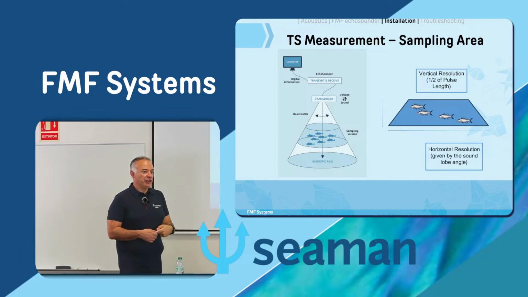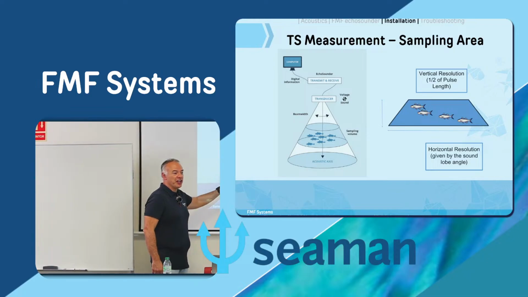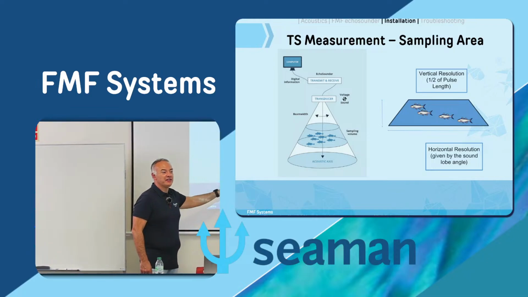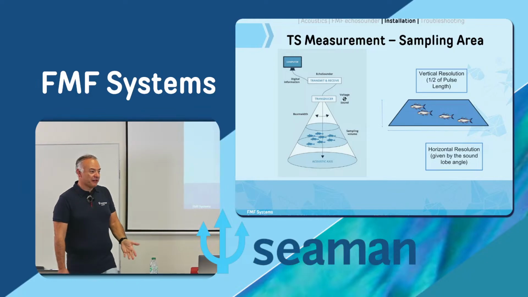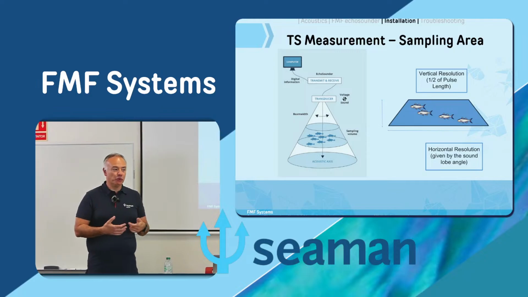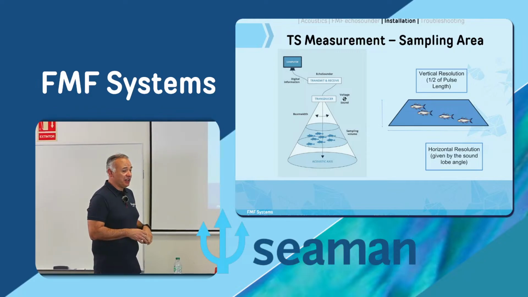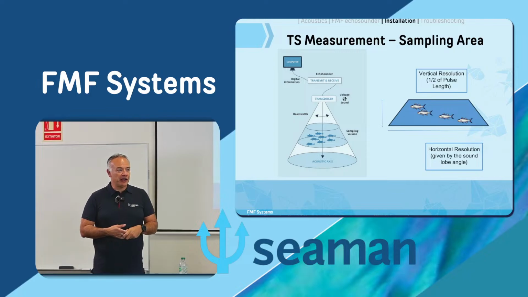If your system is slower, if you're going deeper, then the sampling area will increase, so the chance that we have isolated targets in that sampling area decreases. And also the ping rate decreases. So the deeper we go, the worse it is for measurement. That doesn't mean that we cannot measure at, I don't know, 400, 500 meters.